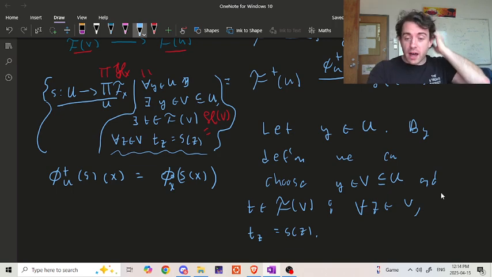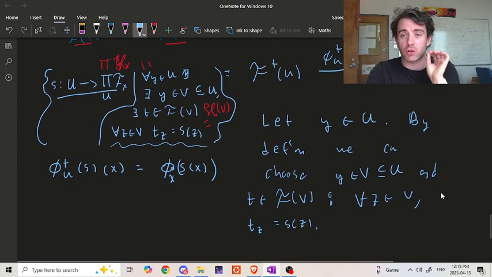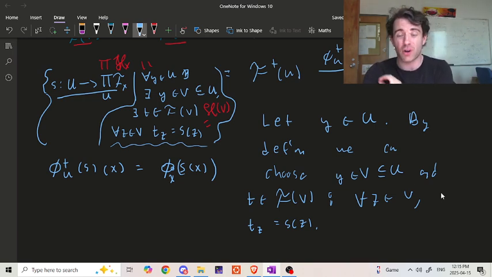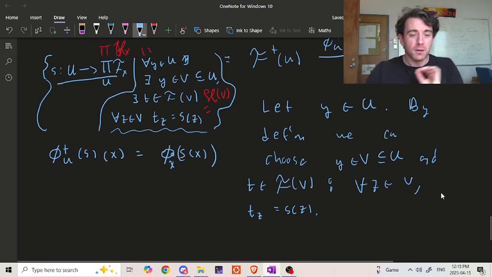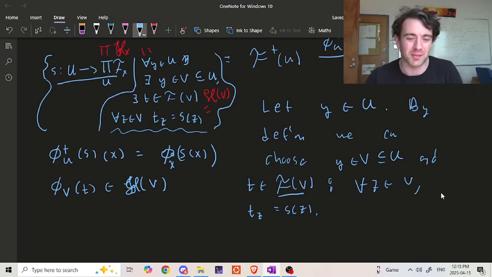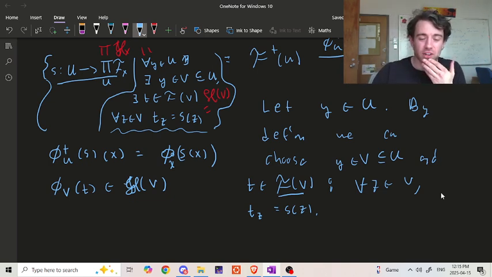So now I need to come up with a corresponding section of H over V. But I have this map phi V that takes me from F of V to H of V. So if I apply phi V to t, this gives me a section of H. I keep saying G. I don't know why I picked G, but I meant H. The sections of H over V.